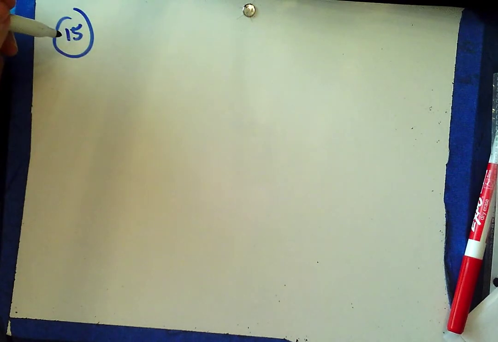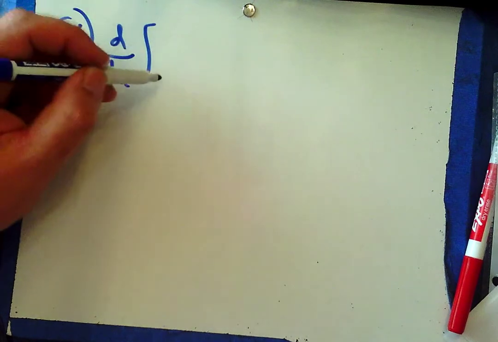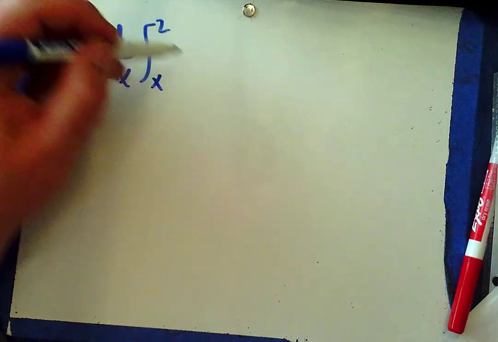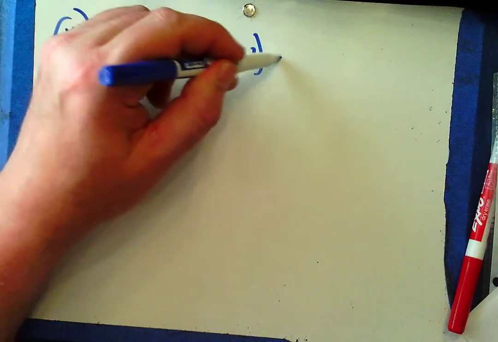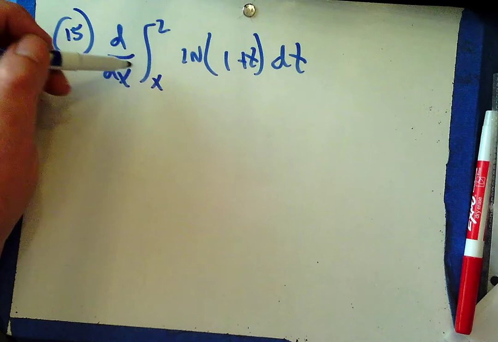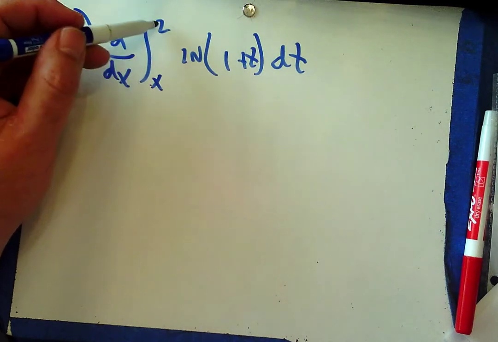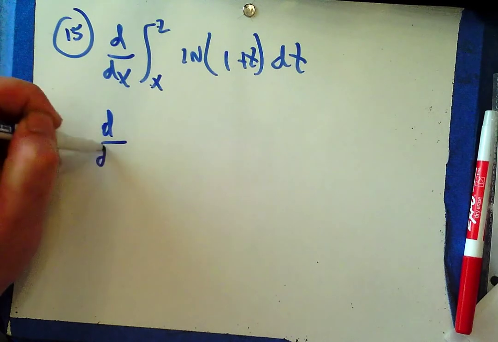15. Okay. Find the derivative with respect to x of the integral from x to 2 of ln of 1 plus t dt. Well, remember, FTC1 works when I have a constant here and a variable here. So I'm going to pull out that negative before I take the derivative.